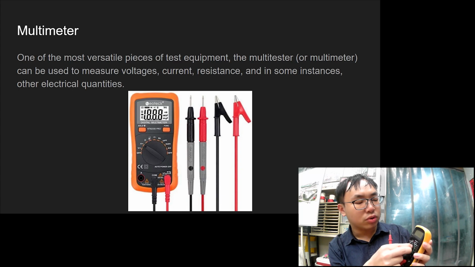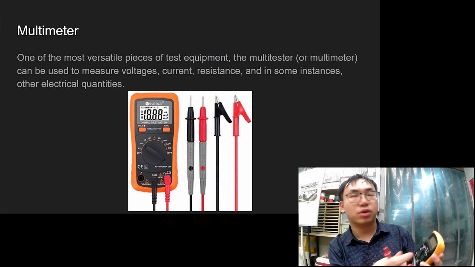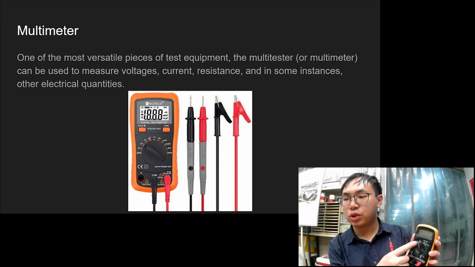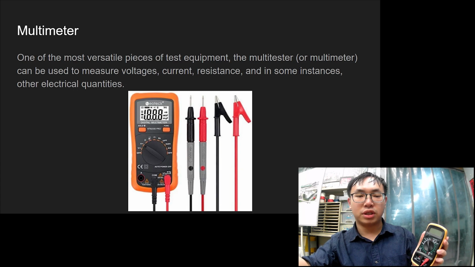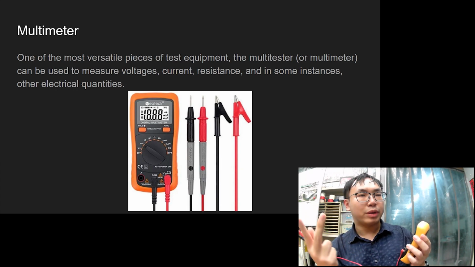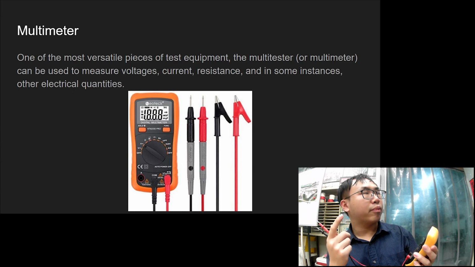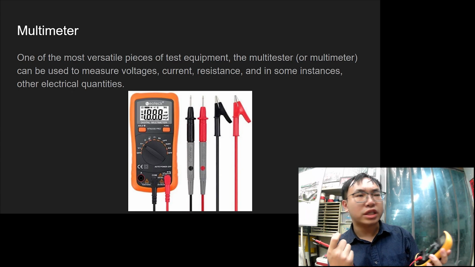You don't want to use DC mode to measure alternating currents. The major problem is it will create inaccuracy.